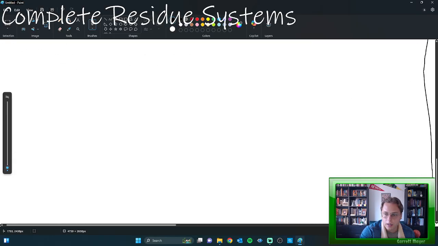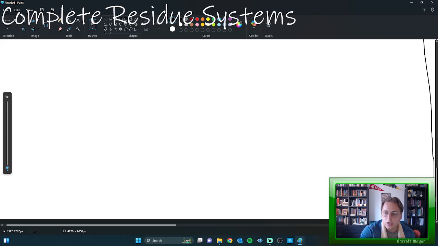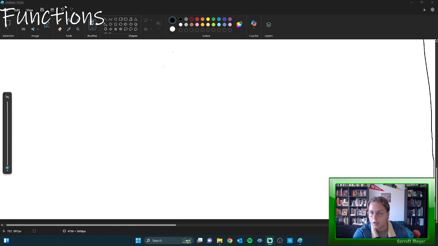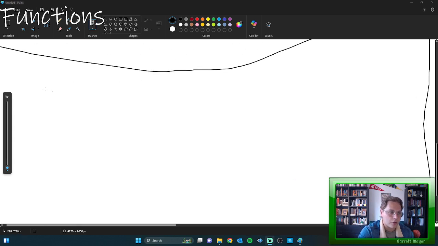So let's start by introducing functions very quickly. This is going to be a brief introduction, so if you are lost or behind on any of this, that's fine. I just want to introduce the concepts first so that we can actually use this proof.